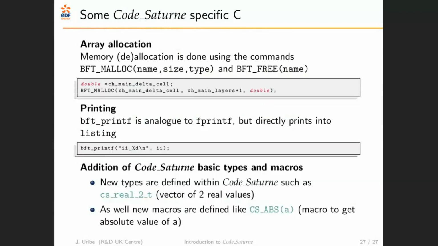So create your own functions. You have a function called BFT_malloc for memory allocation. Equally, you have a BFT_free for freeing memory, and also bft_printf, the Saturne printf, but it will print directly into your log file, your listing. And I guess that's it.